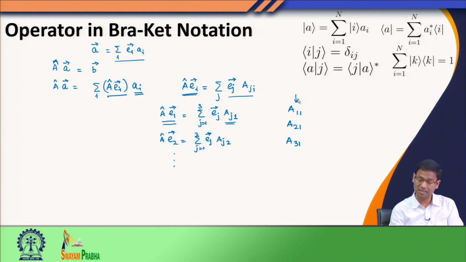So, these 3 elements form a column vector that will express the action of operator A on this unit vector. Similarly, the action of operator A on the second unit vector would give me A_j2. So, A_12, A_22, A_32. This gives me another vector which comes from the action of A on e_2. Similarly, the action of A on e_3 will give me the third column.